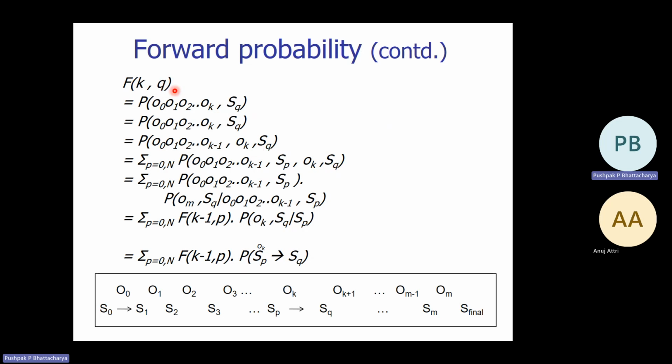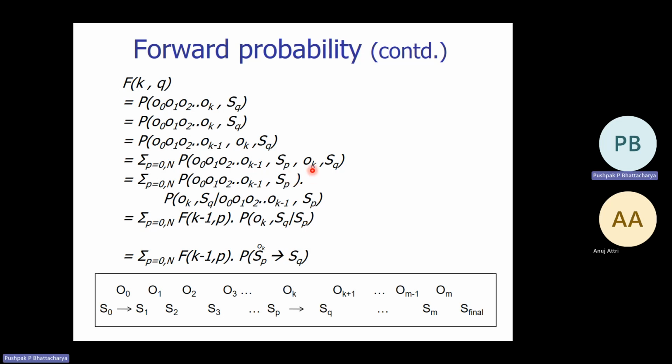Fk,q expression. So this is written as sigma p equal to 0 to n, this expression, then sigma p 0 to n, probability of O0 up to Ok minus 1, Sp into probability of Ok. So after Ok minus 1, I introduce Sp, where p varies over all possible states.